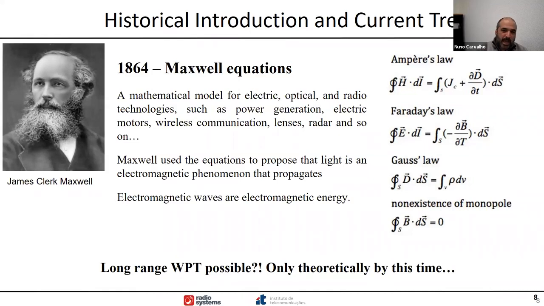Maxwell was one of the first persons that, from a theoretical point of view, showed that we can have an electromagnetic wave flowing in the environment, and that when this electromagnetic wave is transmitted, it can carry an amount of power.